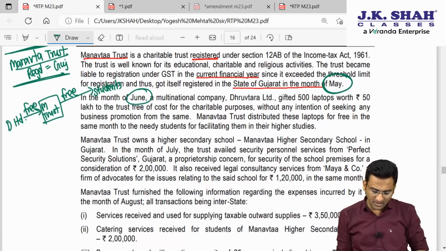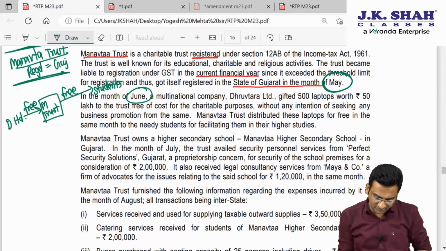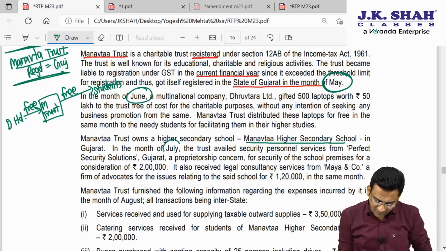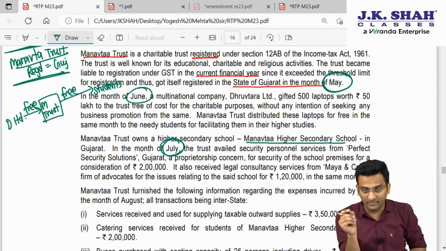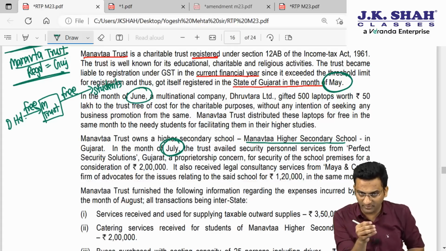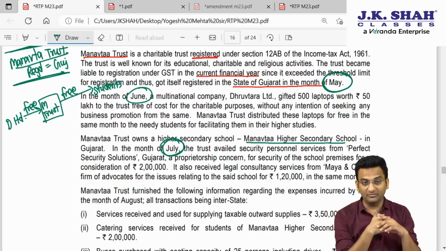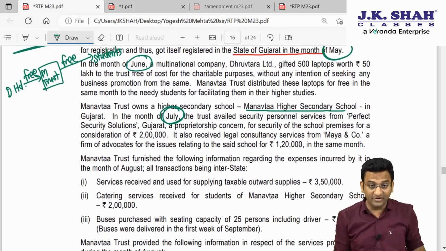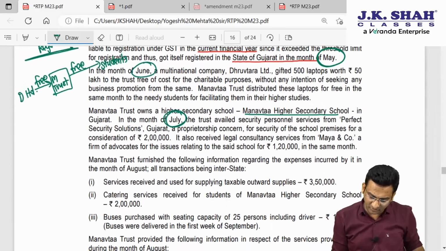Okay. Now in the third paragraph, Manavta Trust owns a higher secondary school, Manavta Higher Secondary School in Gujarat, in the month of July. Now the first paragraph relates to the month of May, the second paragraph relates to the month of June, and the third paragraph relates to the month of July. In the month of July, friends, the trust availed security personnel services.